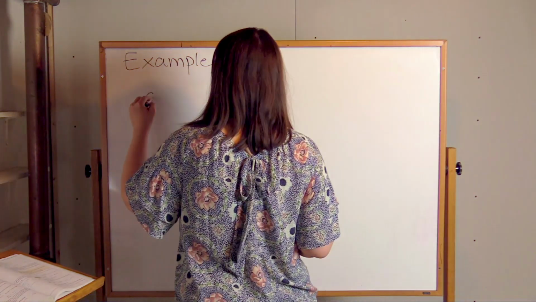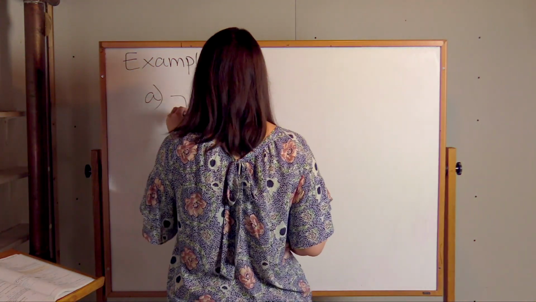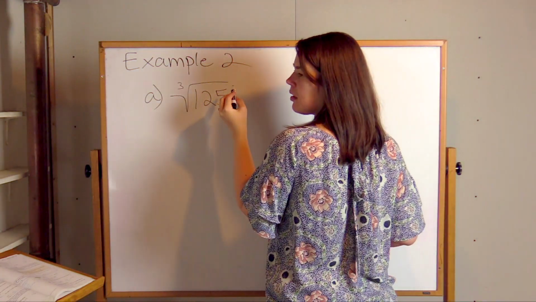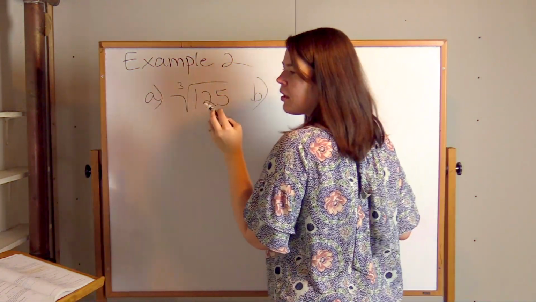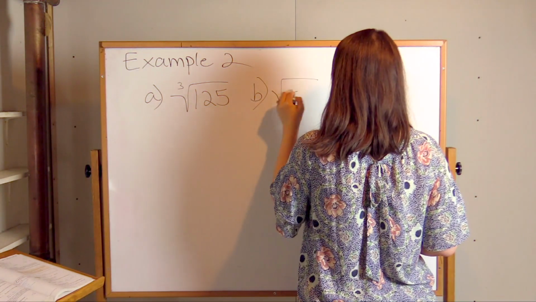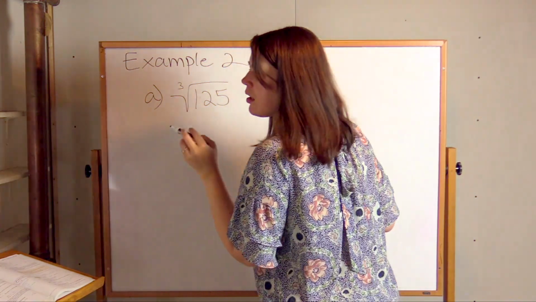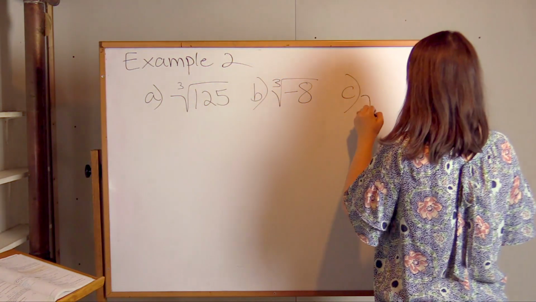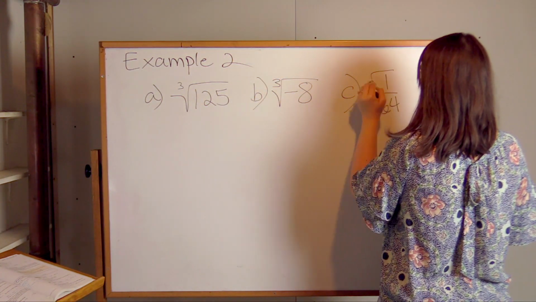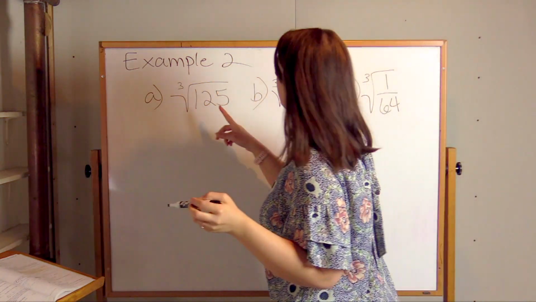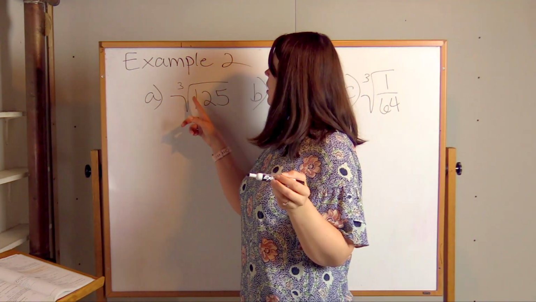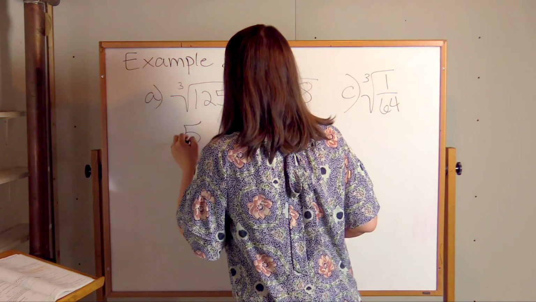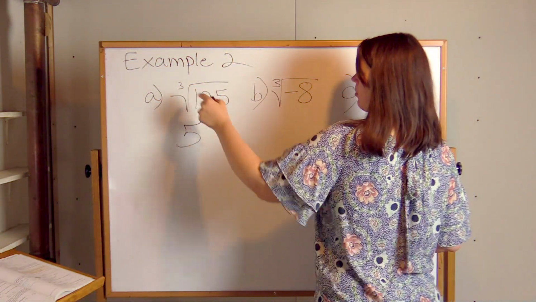All right, let's look at our examples. On our first one, actually we already did this, but the cubic root of 125, what times what times what? 5 raised to the 3rd power would equal 125.